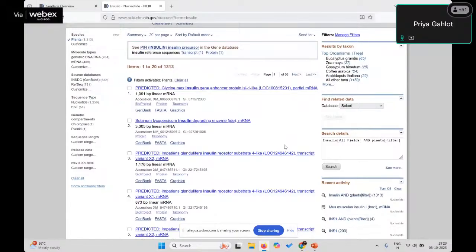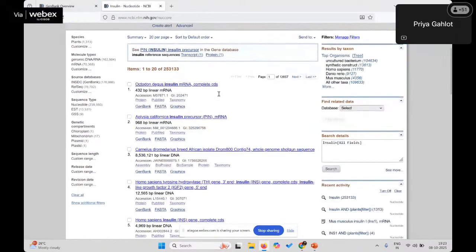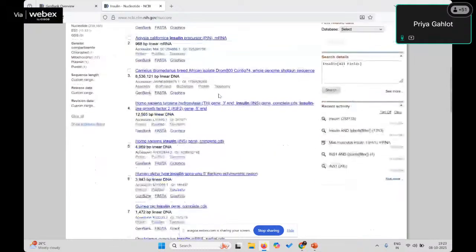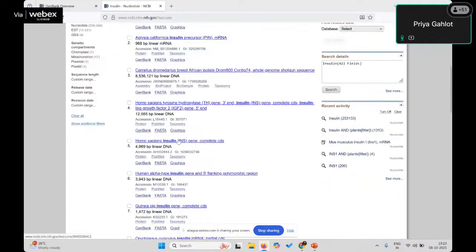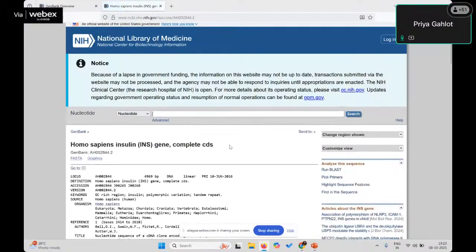I just wanted to show you that if you put in a random search, this is what it gives. So you can use this database for studies which are of your interest. Like there is a gene data set for humans.